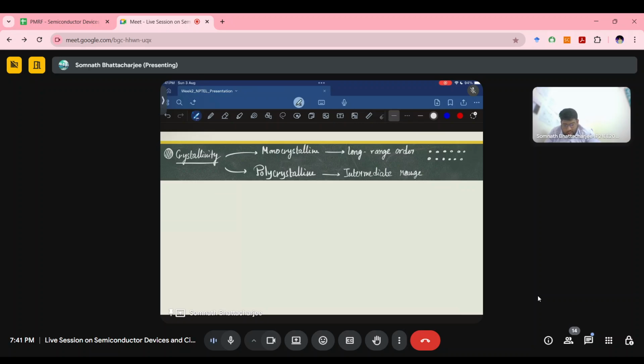So there may be a structure like this, while there may be a structure like this, and again a structure like this. We can basically create separate tile kind of structures from this, where there are ordered structures, still there are differences between these tiles. So a tile like structure.